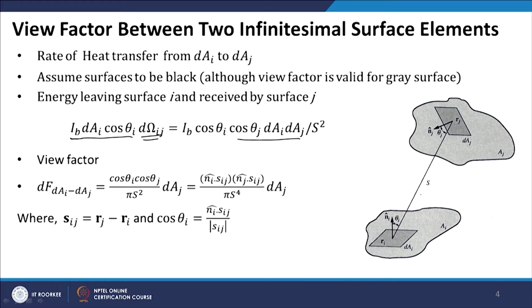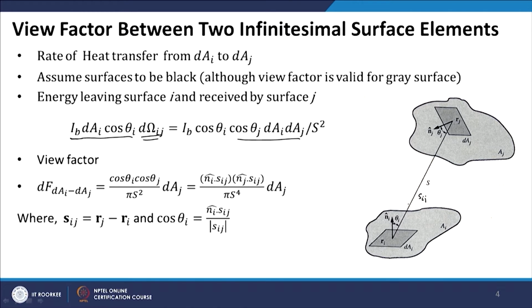Sij is the direction joining surface Ai and surface Aj. So, along this direction the projected area of dAj is dAj cos theta j, and then divided by the distance between the two surfaces s square gives you the amount of energy leaving surface dAi and reaching surface j.